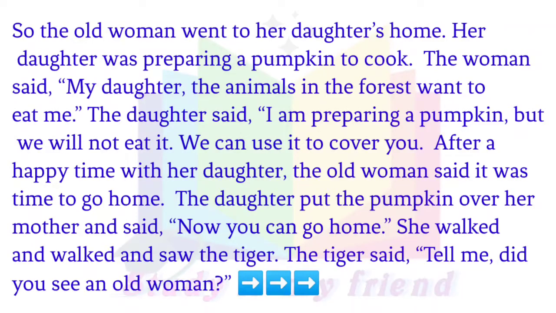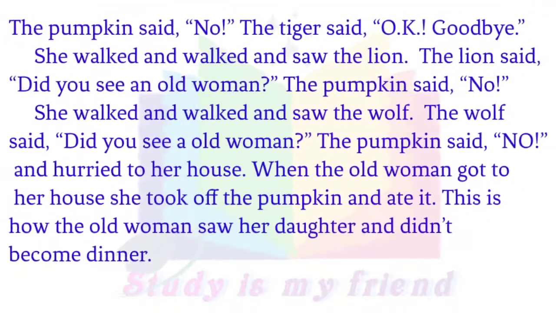She walked and saw the tiger. The tiger said, tell me, did you see an old woman? The pumpkin said no. The tiger said, okay, goodbye. She walked and saw the lion. The lion said, did you see an old woman? The pumpkin said no. She walked and saw the wolf.